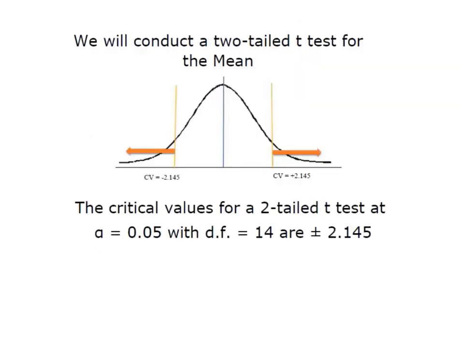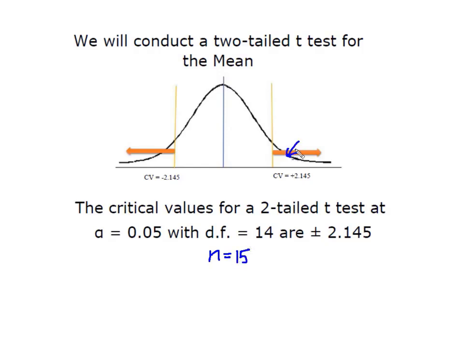So when I run a two-tailed test, I'm going to use the critical value approach. I have to have the critical values to compare my test statistic to. And in this case, I had a two-tailed test, alpha 0.05, and degrees of freedom were 14. Remember that my n was 15. Degrees of freedom is simply n minus 1.